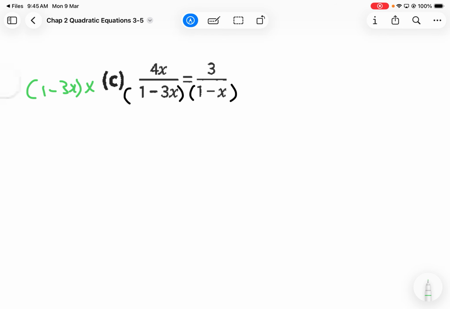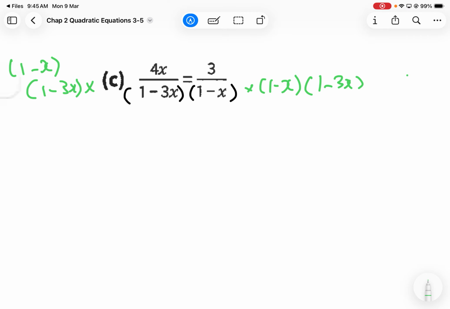On the right hand side, I want to multiply 1 minus x because I want to cancel it away. But again, I am writing an equation. Whatever I multiply here, I must multiply here also. So in the end, I have to multiply both brackets.